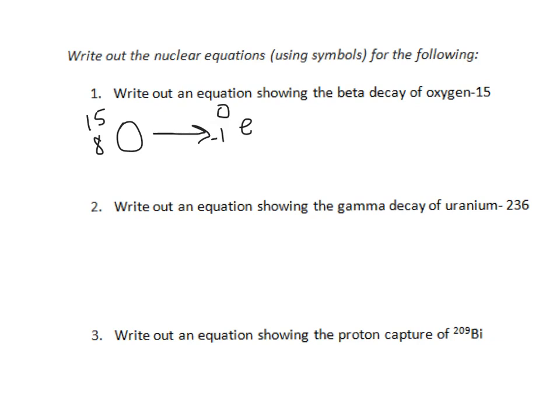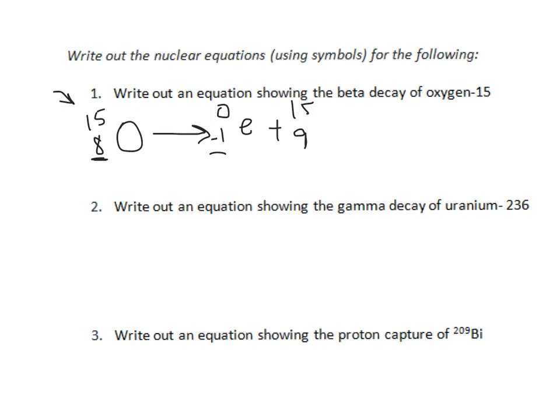For balancing, I have a total mass of 15. Well, in order to have a total mass on the right of 15, I've got to have 15. That way 15 plus 0 gets me 15. On the bottom, on my atomic number side, I need to add them up so that I get a total of 8. So I have -1, which tells me that my mystery number is going to be a 9. So I know my mass number and my atomic number to be 15 and 9.